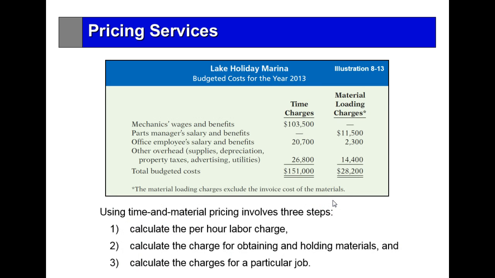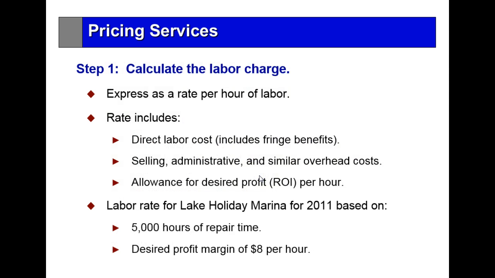So using time and material pricing involves 3 steps. Calculate the per hour labor charge, calculate the charge for obtaining and holding material, and then calculate the charges for a particular job. Calculating the labor charge basically happens by an hourly rate.